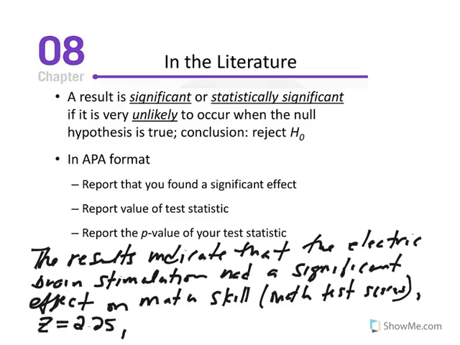We determined that the probability of this z-score occurring if the null were true is less than our set alpha at 0.05. So your written conclusion must include these three components. Again, determine if it was significant, report and include the test statistic, your z-value, and then your probability statement will be the last factor that you include.